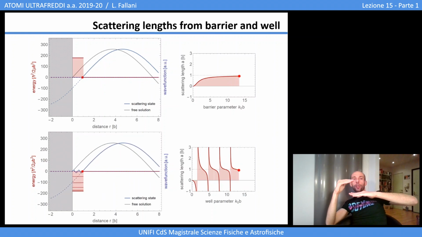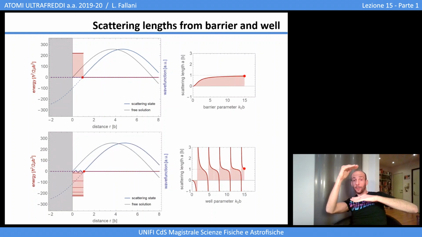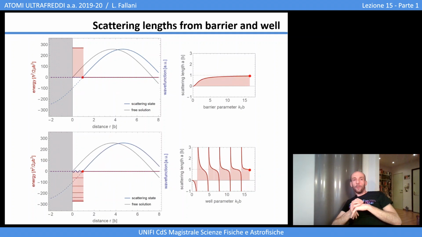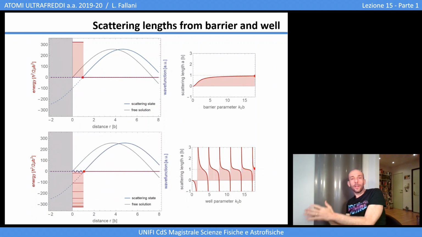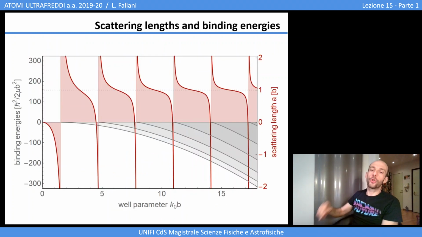So the two energies are changing with the same values, and you see here the physics of bound states that completely changes the scenario.